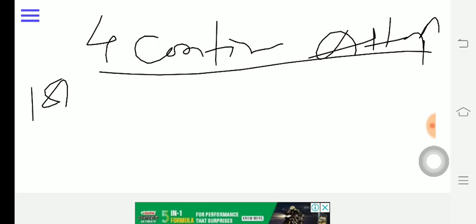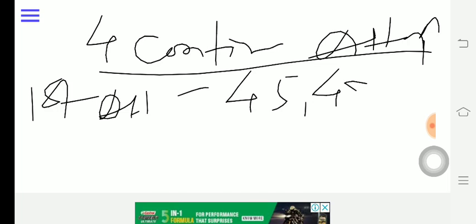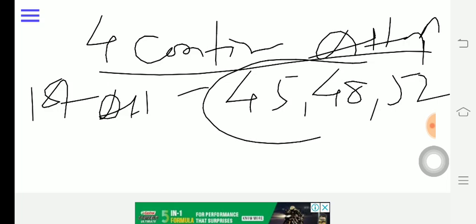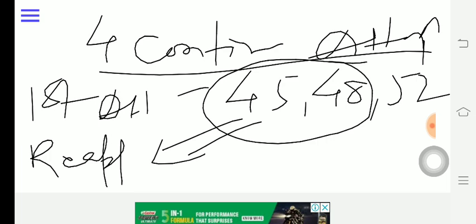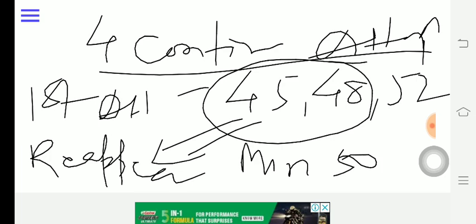Suppose in the first attempt you got 45, 48 and 52. What it means? It means you will have to reappear for these exams, but when you reappear for this you will have to score minimum 50. Now the 45 marks criteria would fail because the 45 marks criteria is valid for the first attempt only.